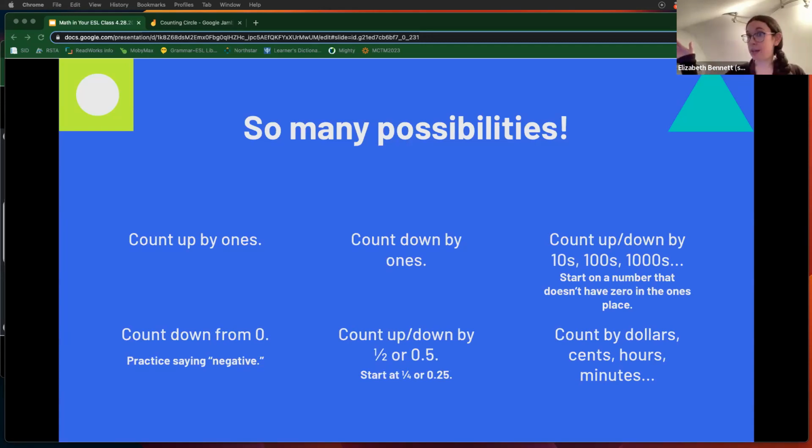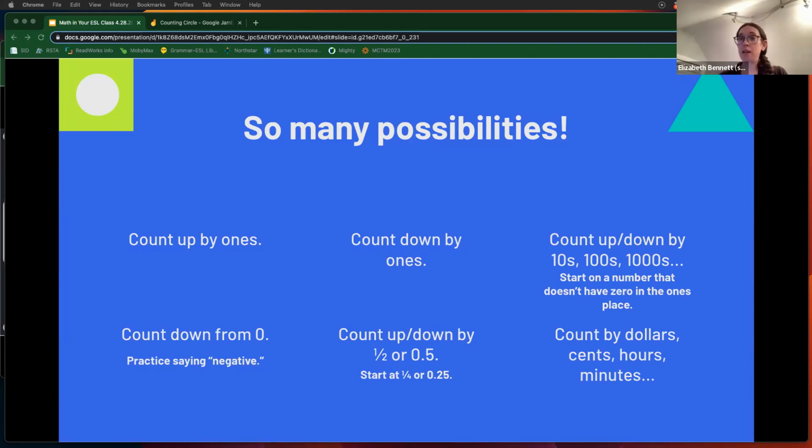Of course, you can go beyond 100 if you want to work with larger numbers. You can count down from 0, practice saying the word negative and get comfortable with how negative numbers work. You could count up or down by an amount that is less than a whole number.